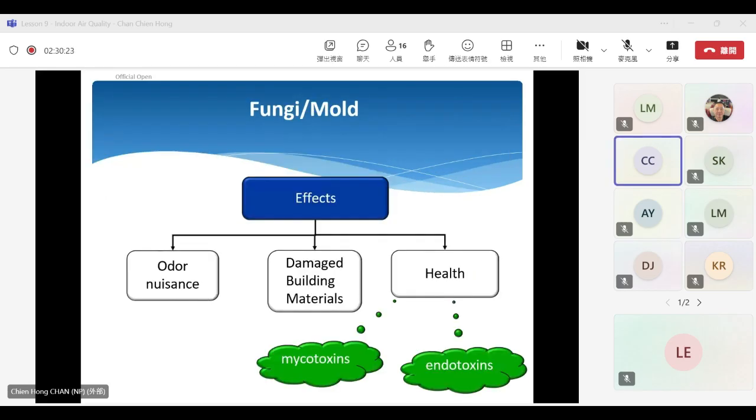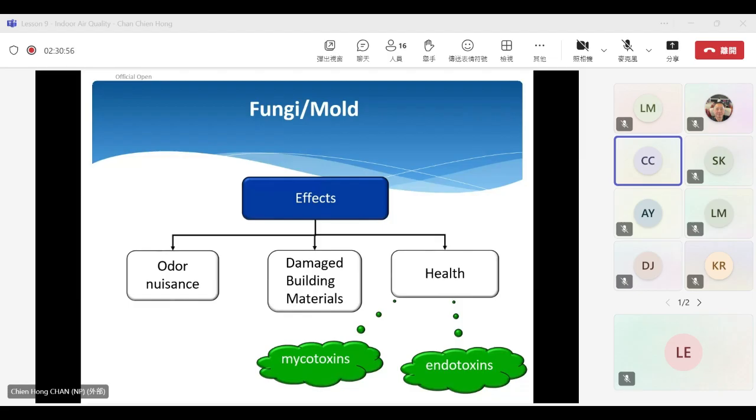Besides the smell, which is an odor nuisance, and the unsightly patches, which basically damage your wall finishes and your furniture finishes, it has very bad health effects, in the form of endotoxins and mycotoxins.